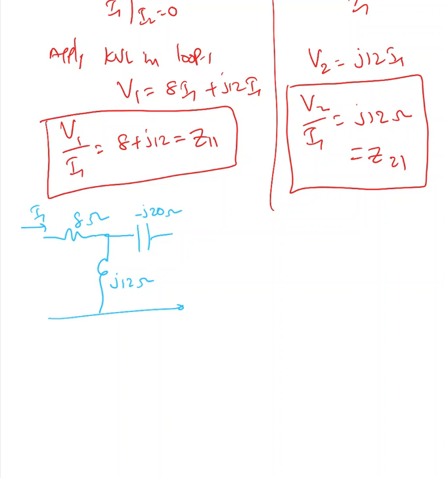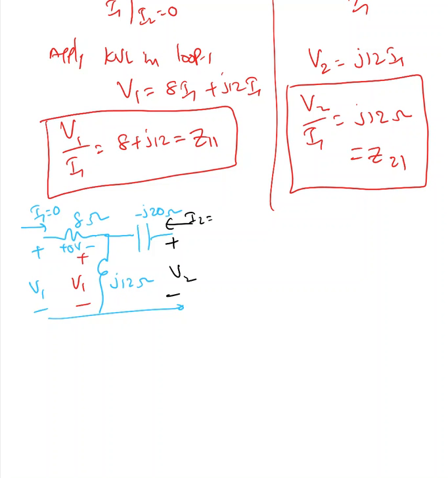So here is my I1. In this case, my I1 equals 0, so the voltage drop across 8 ohms equals 0 volts. So the voltage drop across this is going to be V1. Now my I2 is not equal to 0.